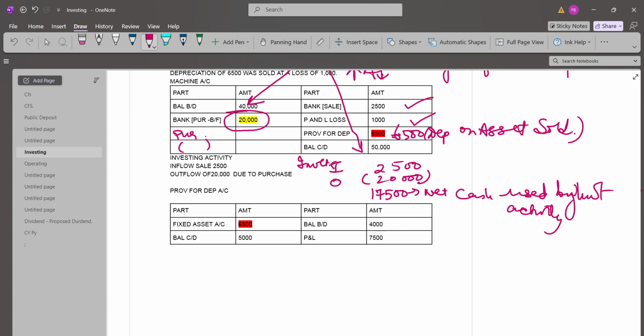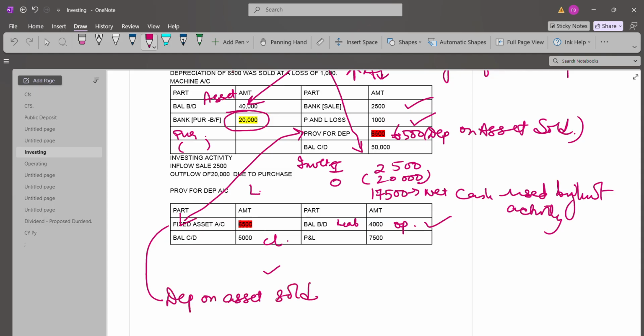Let's see the provision for depreciation account also. This is a liability account. So there, in the asset, brought down was on the debit side. In liability, brought down is on the credit side. This is opening balance. This is closing balance. These two are given to us in the question. Here we put fixed asset. These two are cross posted. This is depreciation on the asset sold. Because the asset is sold, we are taking it away, the liability is reducing.